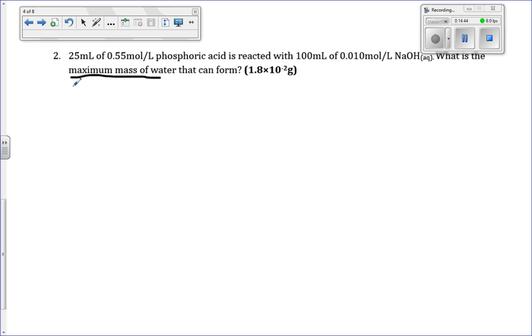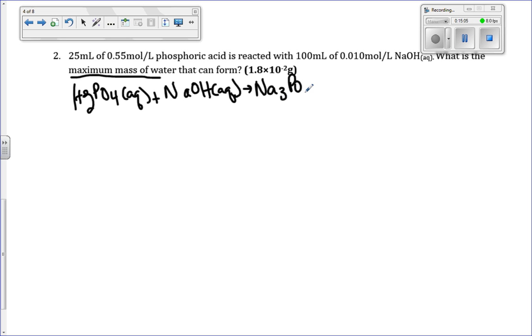So starting with the balanced equation, H3PO4, and HOH.